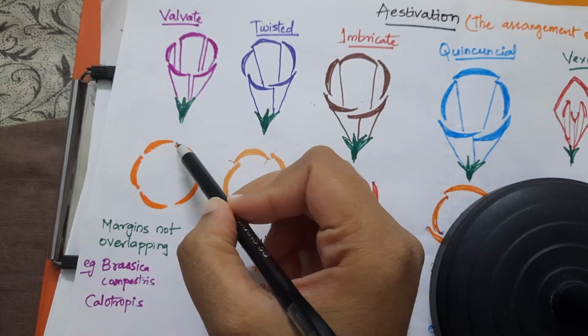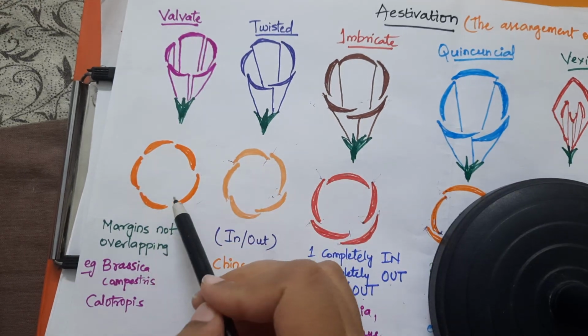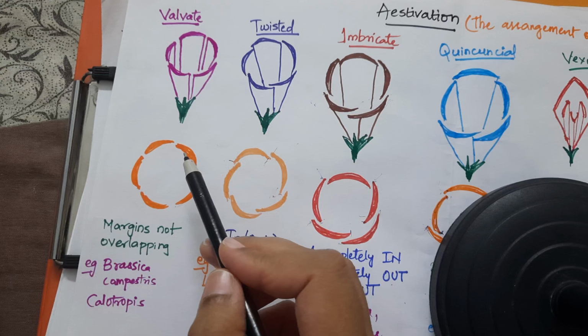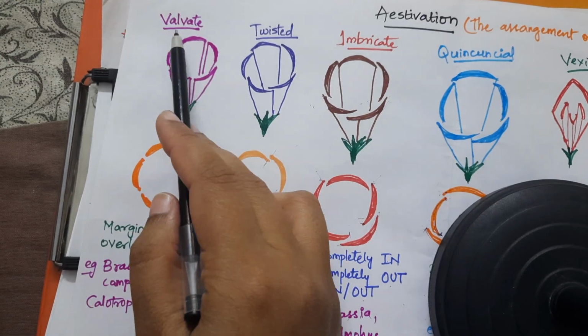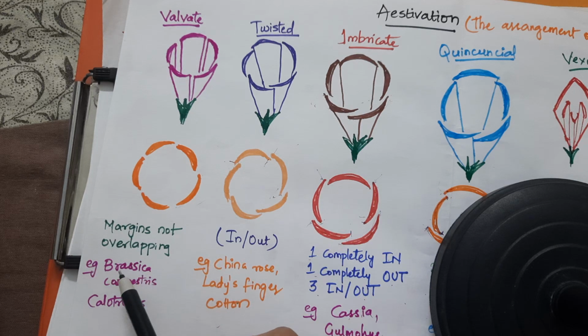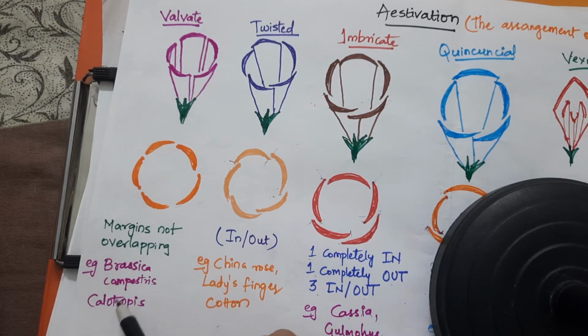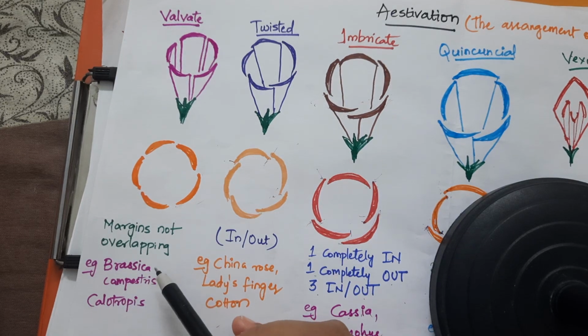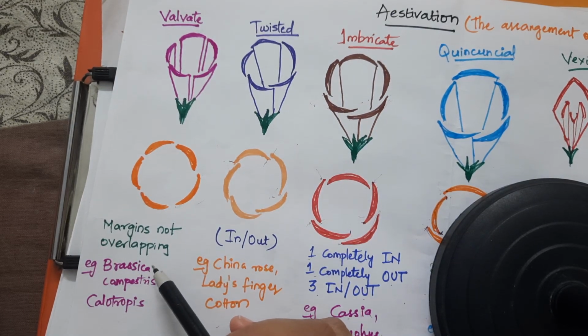Even though they are located very closely, there is no overlapping of margins. This type of arrangement is known as the valvate estivation. Examples for this are Brassica campestris and Calotropis. So this is the first type of estivation, the valvate estivation.